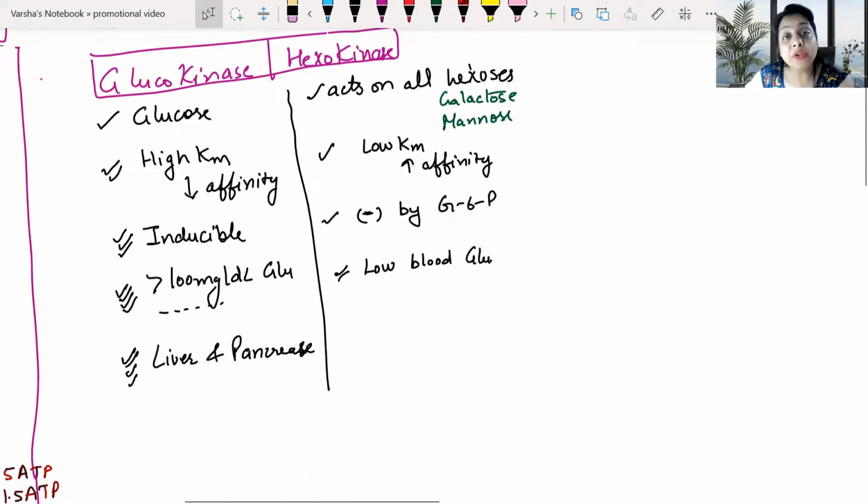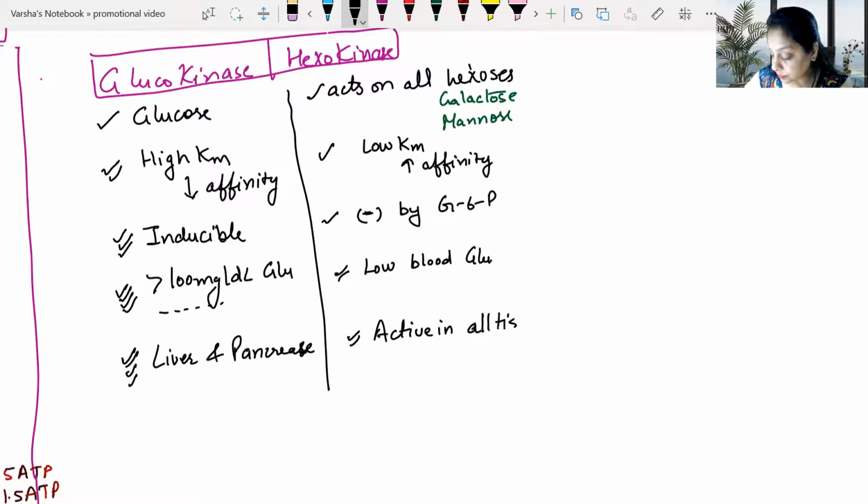That is negative feedback regulation for the enzyme. So it works at low blood glucose levels, and it is active in all tissues, not just the liver or pancreas, it works everywhere.